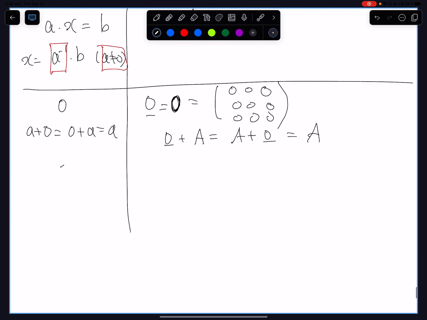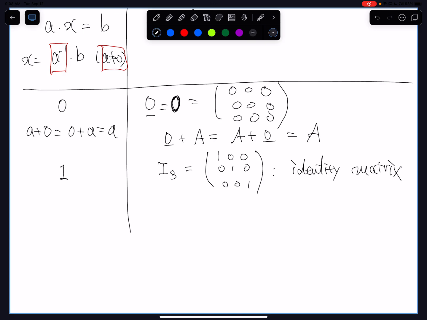Now we need to define what 1 is in the matrix algebra. We sometimes write it this way. This is the 3 by 3 matrix 1, and there's a special name for that: the identity matrix.